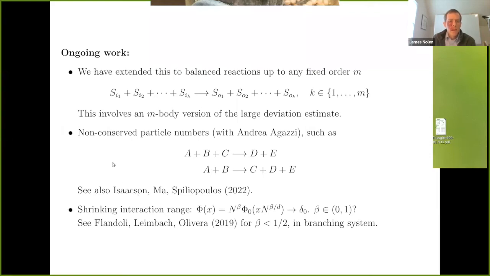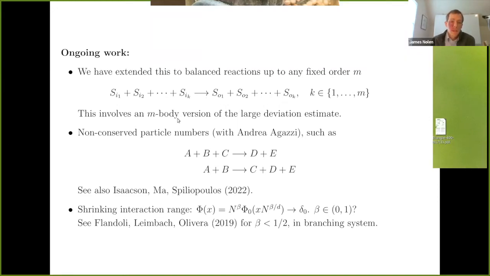So let me sum up by describing our ongoing work. We've extended this to balanced reactions up to any fixed order. So you could have a single particle going to a single particle, and then higher order reactions, including m particles converting to n particles.